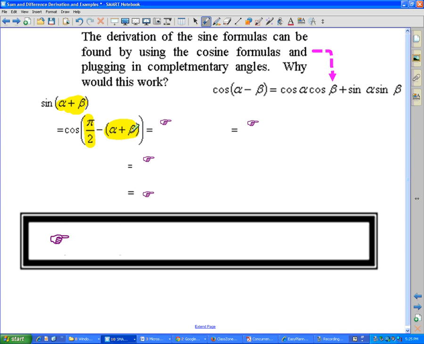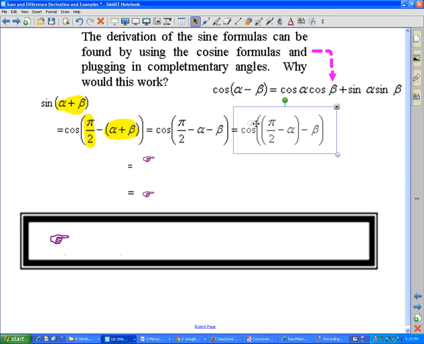Okay? And so now I'm going to do just a little bit more trickery. I'm going to rearrange the inside of that parenthesis. I'm going to distribute the negative sign. So we get negative alpha, negative beta. And then I'm going to put the pi over 2, I'm going to group that with the alpha. So instead of grouping alpha and beta together, I'm going to group the pi over 2 with the alpha and leave the beta alone.